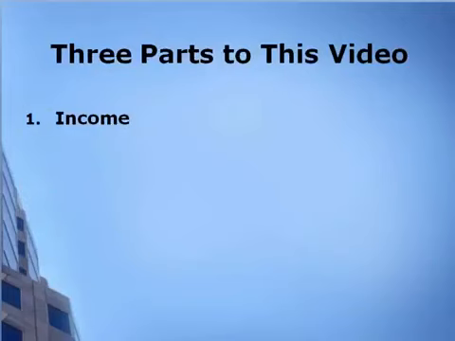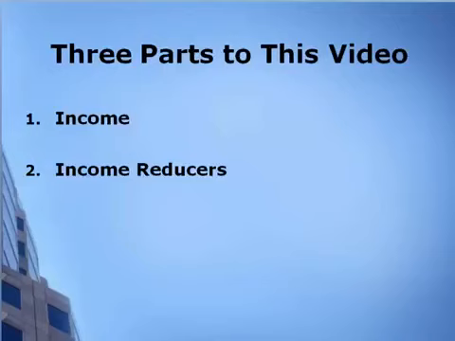In this particular video, we're going to look at the three parts of this income section. The first one is obviously the income line, which is the top part of the income and expense statement. Next, we're going to look at income reducers. Now, you may be thinking to yourself, income reducers? Well, aren't expenses income reducers? Well, no, expenses have their own category.